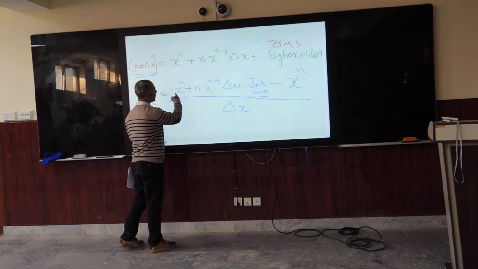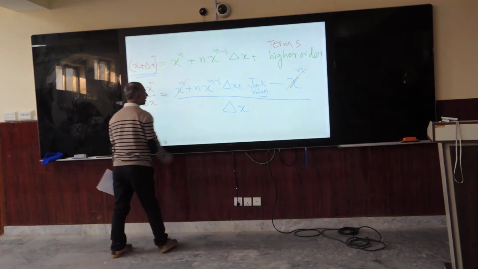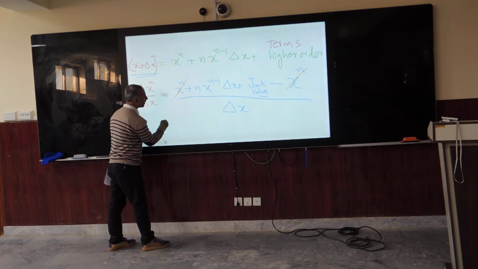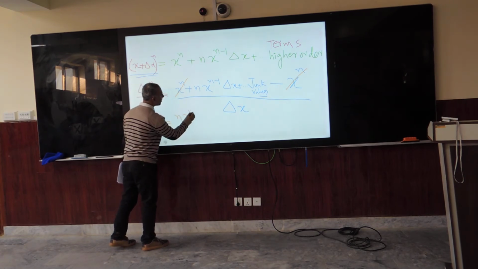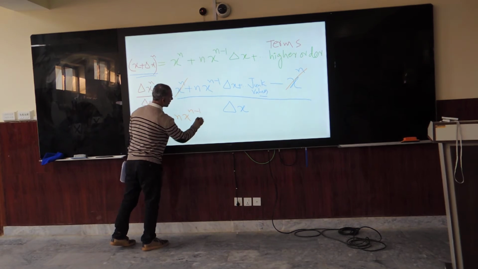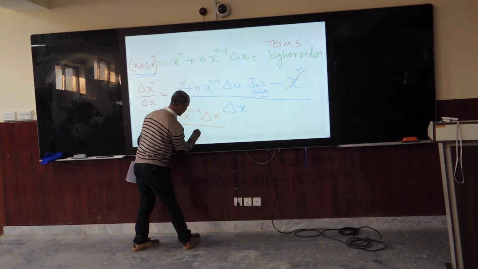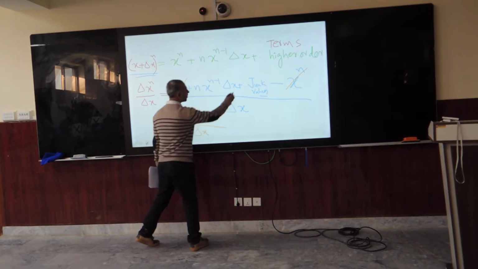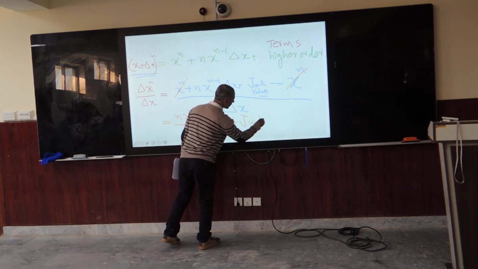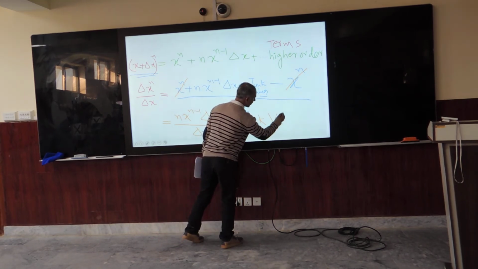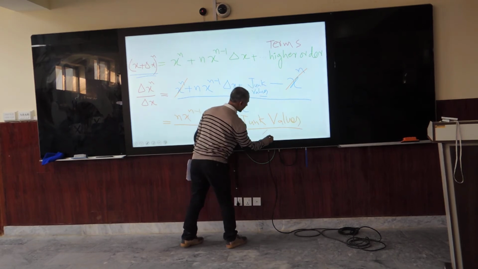This xn is with a positive sign, so it will be cancelled out with this one. So we will have n x n minus 1 delta x, plus all the junk values, over delta x.